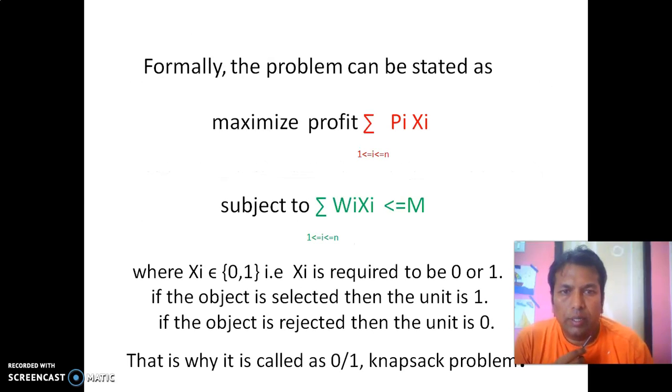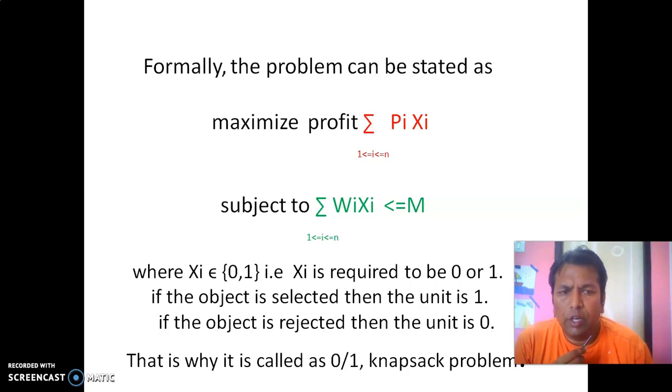Here the problem can be stated as: we need to maximize the profit, subject to the condition that the sum of the weights is always less than or equal to the capacity of the knapsack. Here we are considering the 01 knapsack problem. The solution is given in the form of xi values.